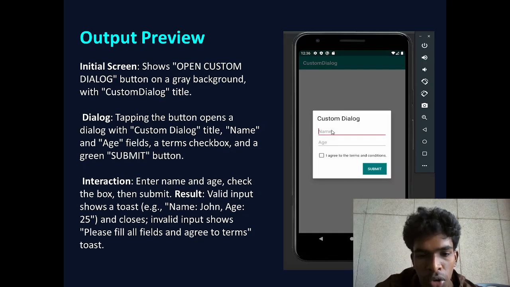So suppose name John, age 25, and if we agree to the terms and conditions and press the submit button, then it's going to take the next action. If not, it's going to fail the invalid input and ask to refill the fields and agree to the terms and conditions. It cannot act without agreeing to the terms and conditions. And this is the example of a custom dialog box.